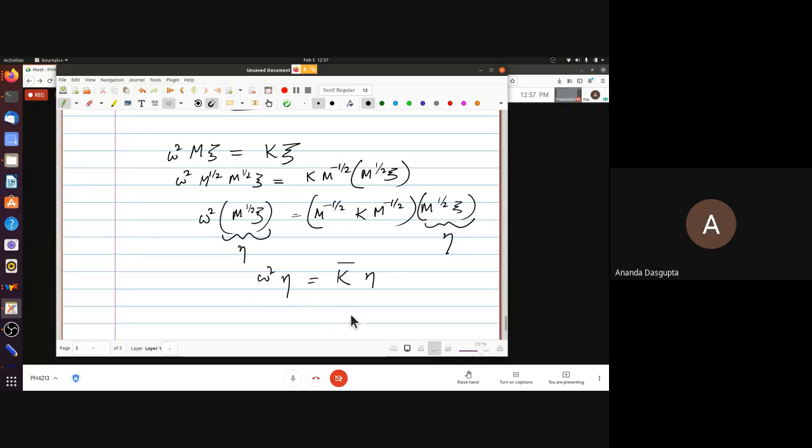Now you find the eigenvalues for this matrix k bar, where k bar is m to the minus half k m to the minus half.